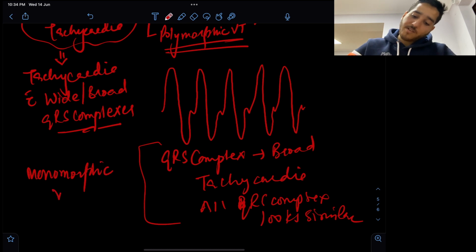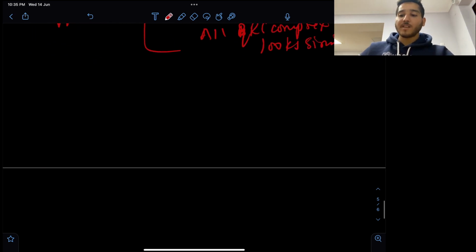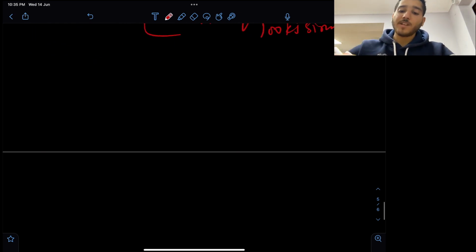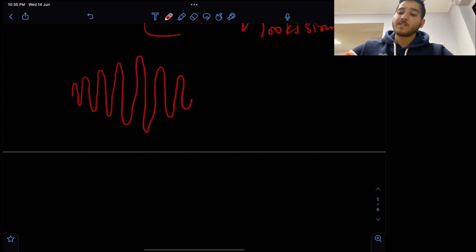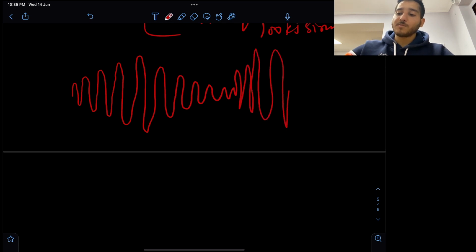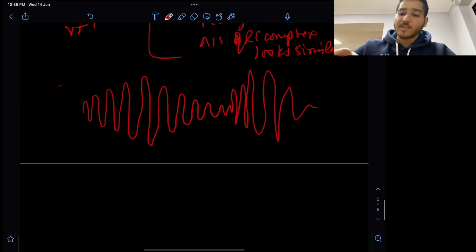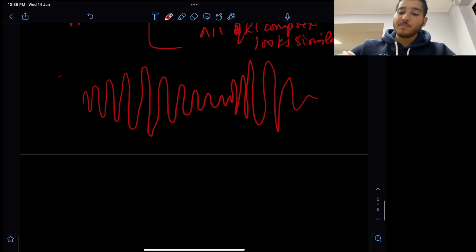What happens in polymorphic VT is that all the QRS complexes are different in morphology. So you will get an ECG like this. The amplitude of all the QRS complexes is not the same, they are different.